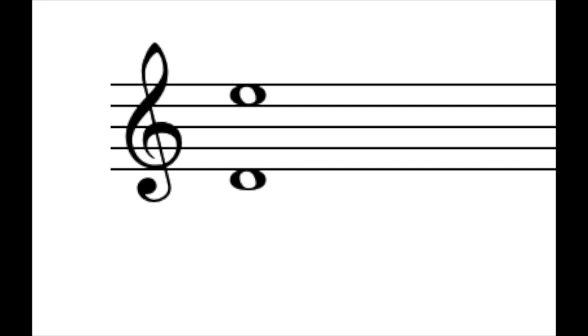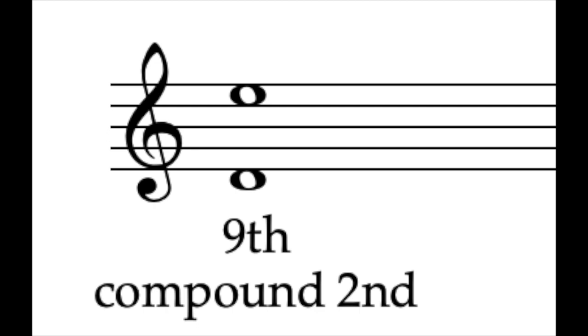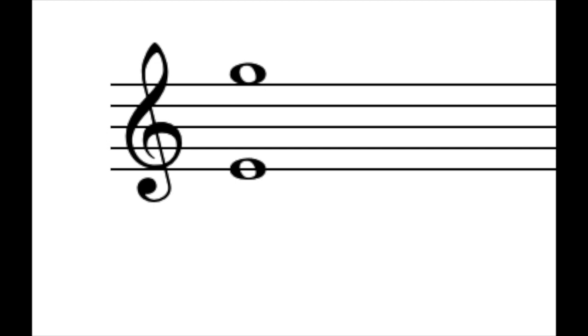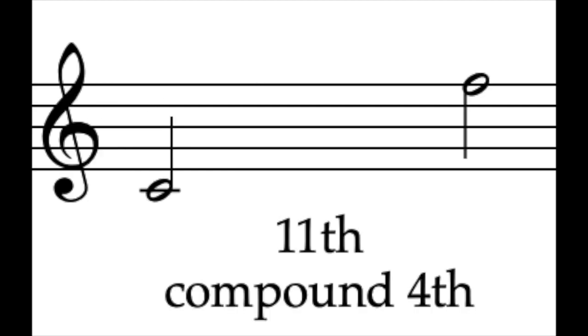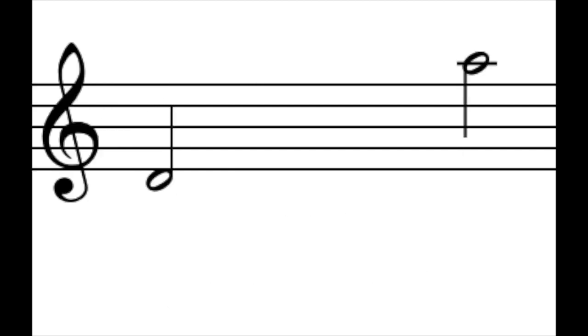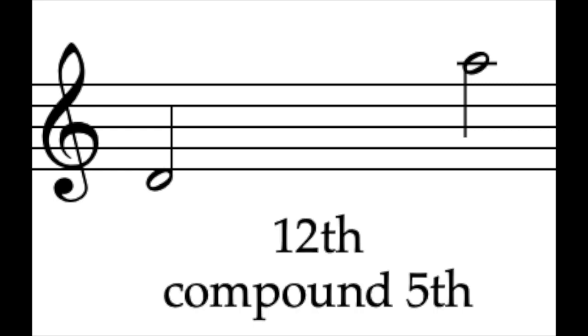And to distinguish this interval with the extra octave added in, we can call this ninth a compound second. And in the same way, we can call a 10th a compound third, an 11th a compound fourth, a 12th a compound fifth, and so on.